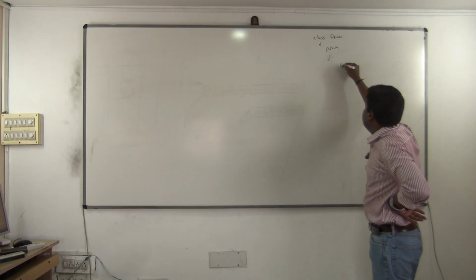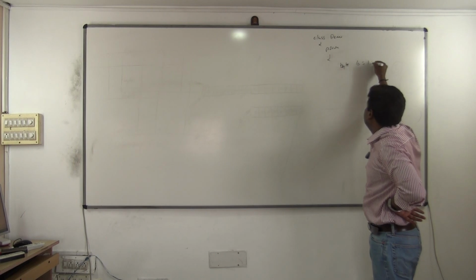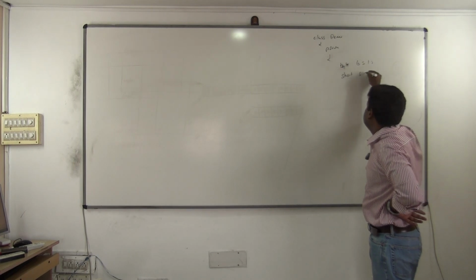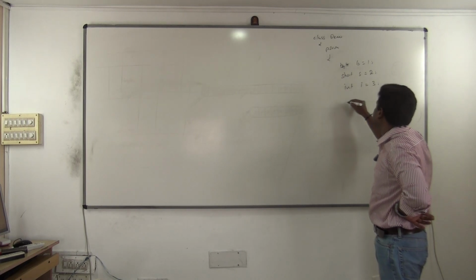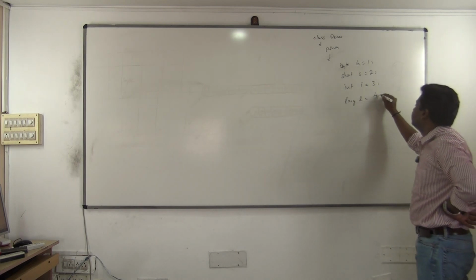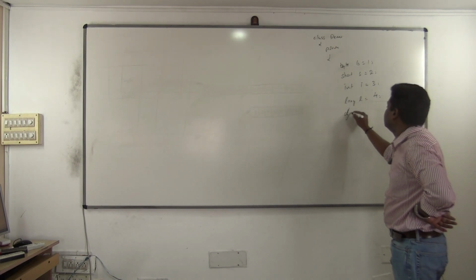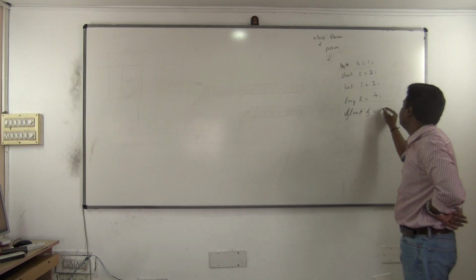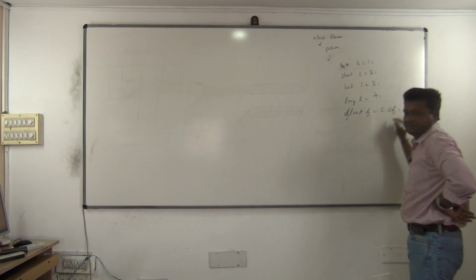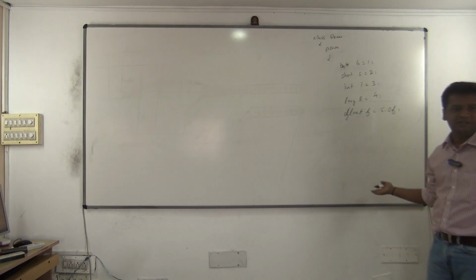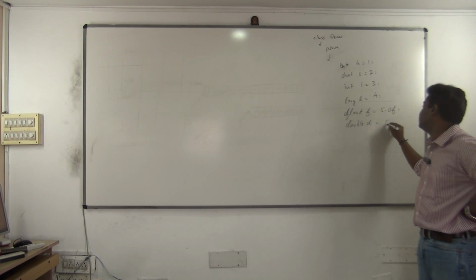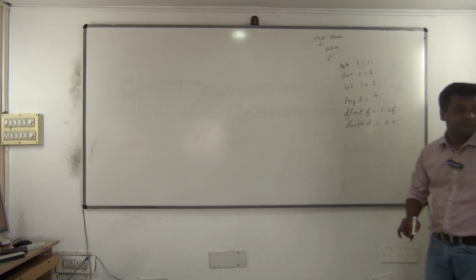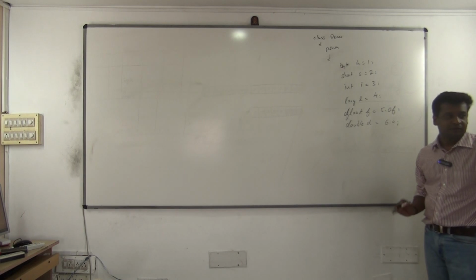I'll have byte b is equal to 1, short s is equal to 2, int i is equal to 3, long l is equal to 4, float f is equal to 5.0f, mandatory. See now, you are understanding the code now? So clear it is. Double d is equal to 6.0. Understood? These are the values.